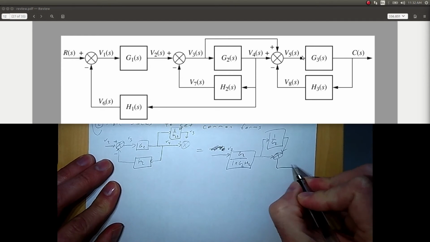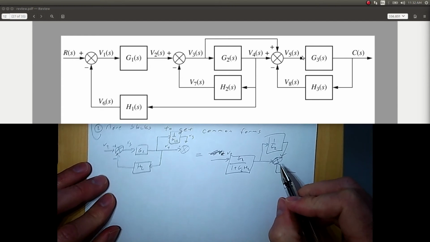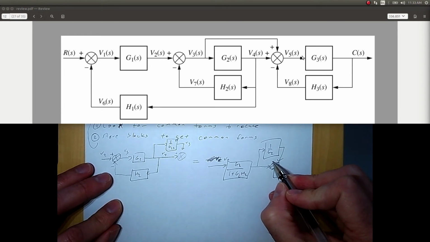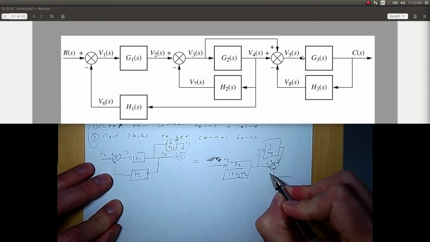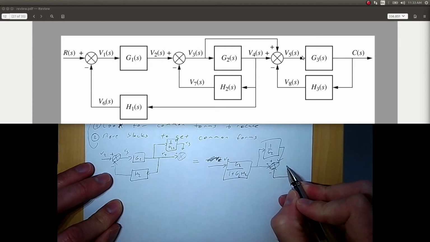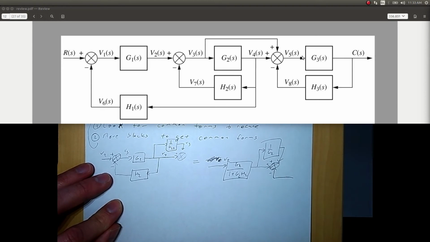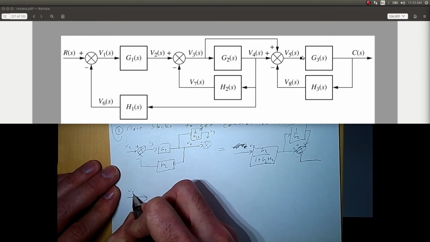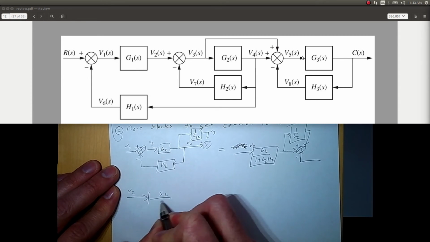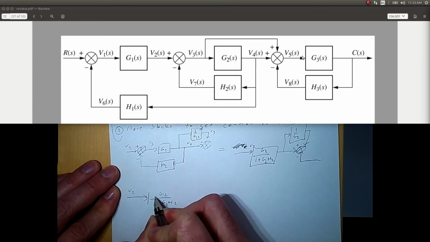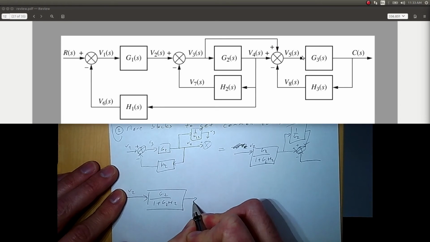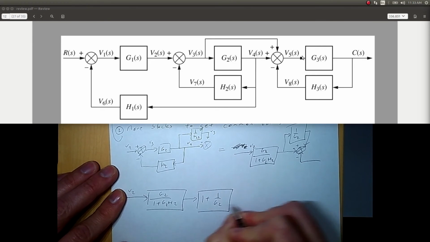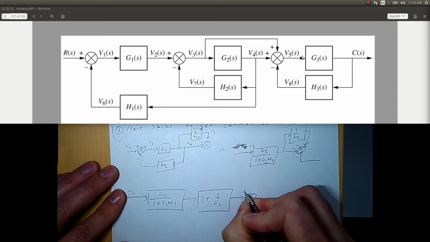And that actually is another common form. So this line here, which is V4, and then this line, so those are added. We can decompose this into two summing junctions, and this one here we can reduce to a parallel form. So we've got V2, G2 over 1 plus G2H2, and then we have 1 plus 1 over G2, and that goes to this summing junction where we had the feedback.